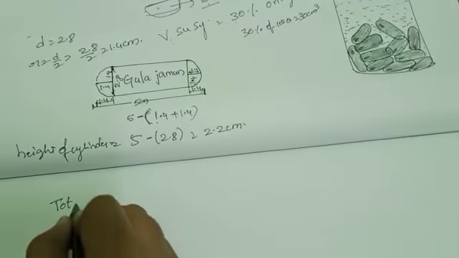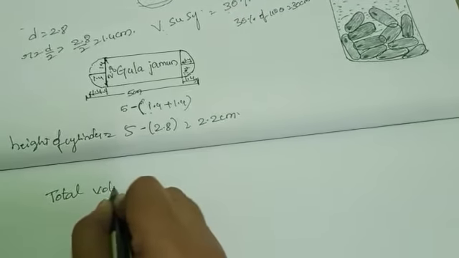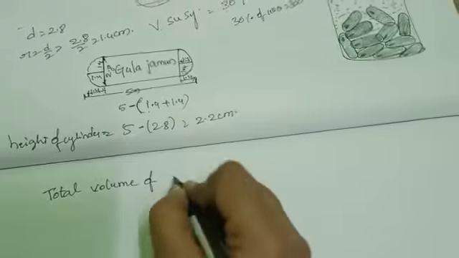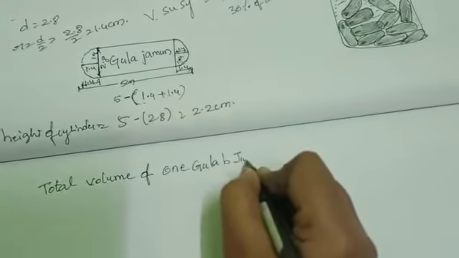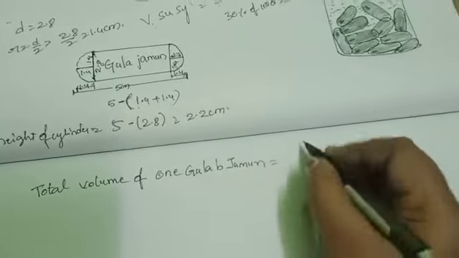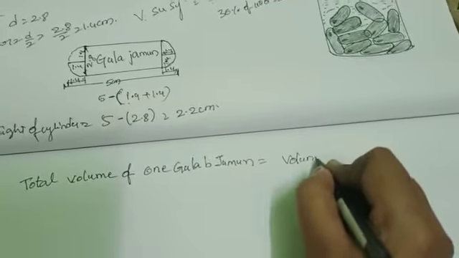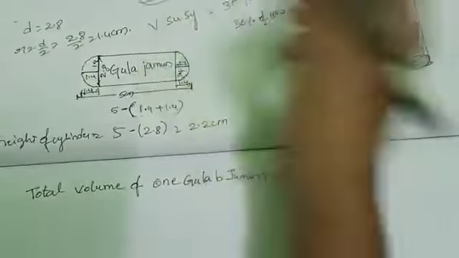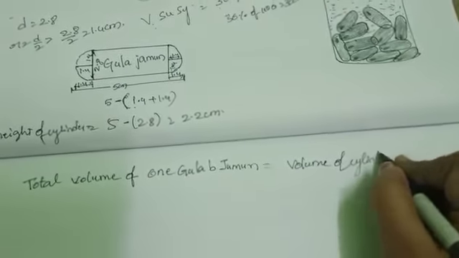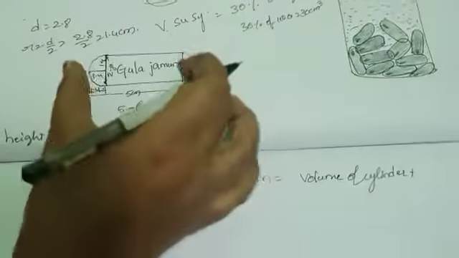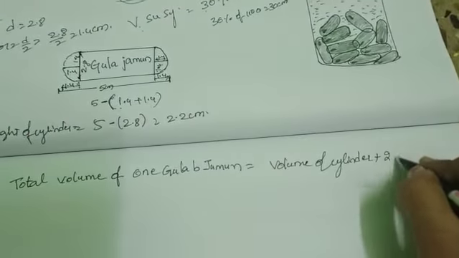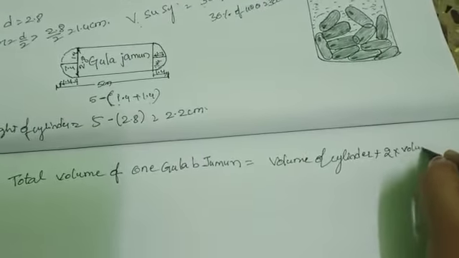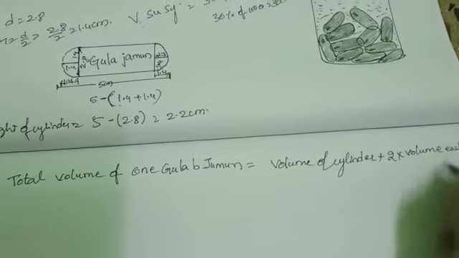Total volume of one gulab jamun equals volume of cylinder plus volume of two hemispheres, 2 into the volume of each hemisphere.